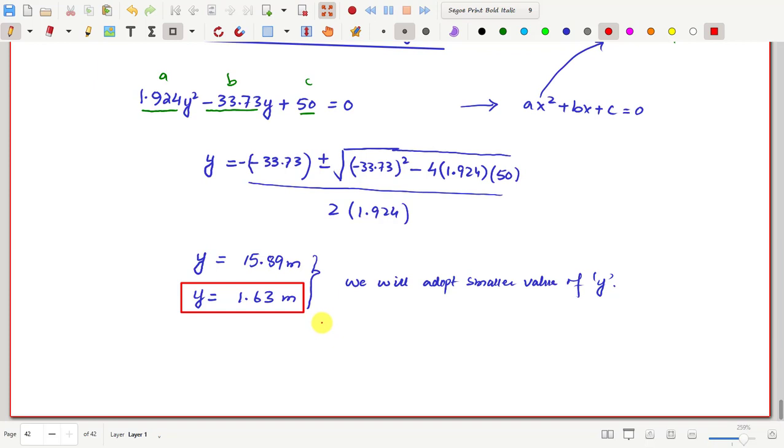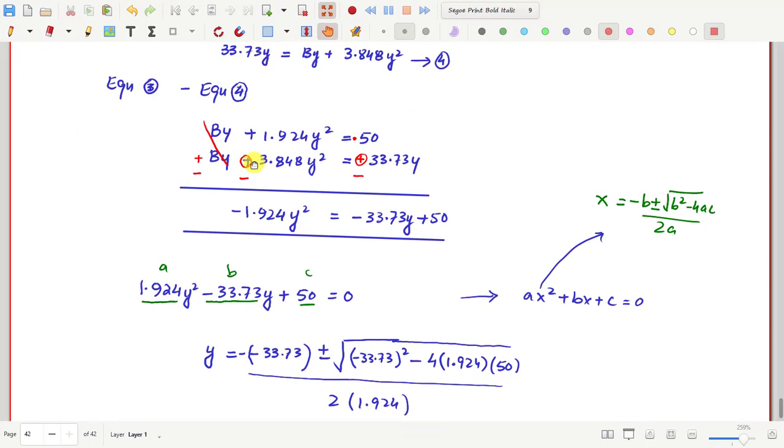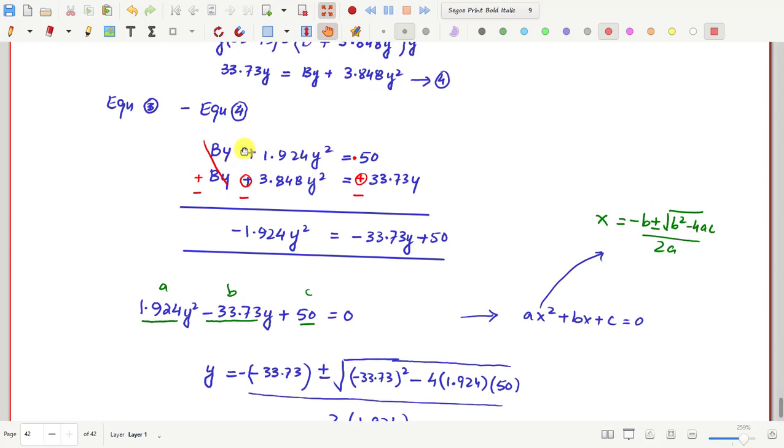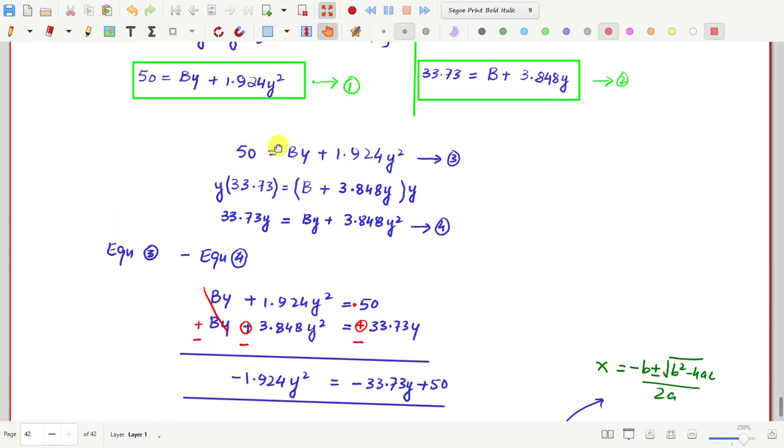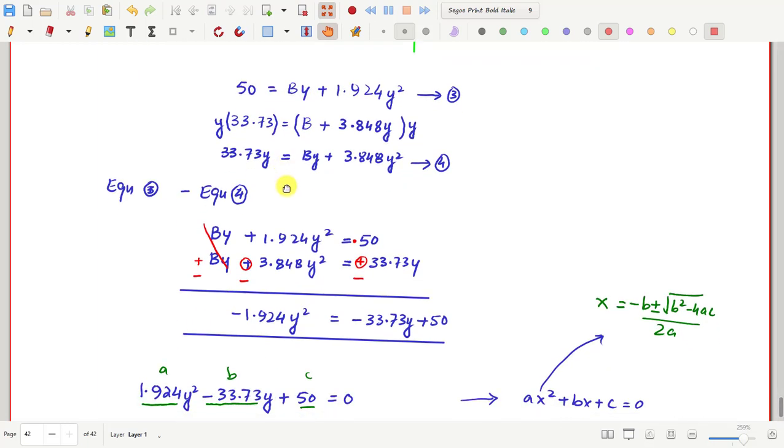Now the last thing remaining is we need to find the width of the canal. For width of the canal, we can put this value of y in any of the equations above. For example, let's say equation number 1, this one. Here we can put the value of y, right? And we can get the value of b easily.